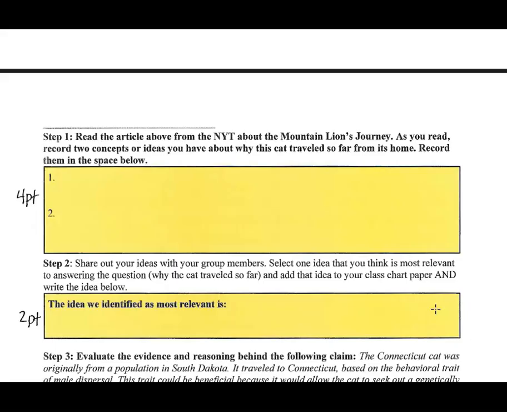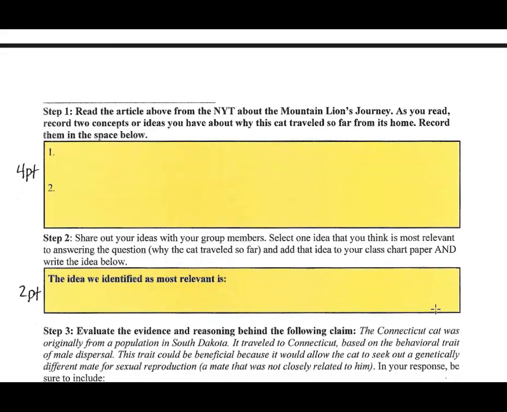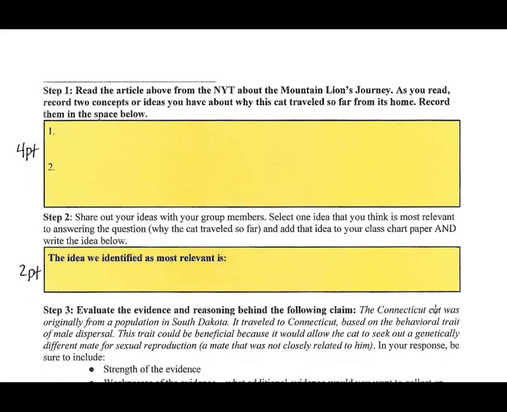So you're going to write down 2 ideas about why the cat traveled so far. Then you're going to share your ideas with other people in the class. And then you are going to pick, by consensus, the idea that you think is most relevant.